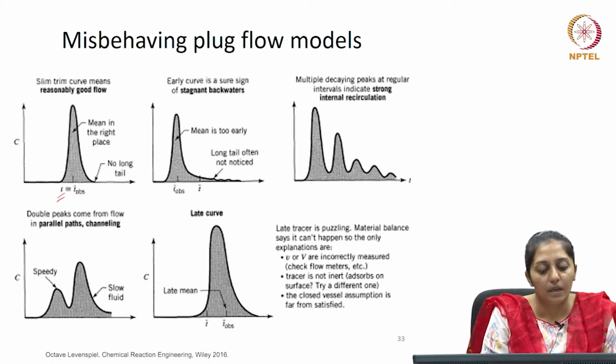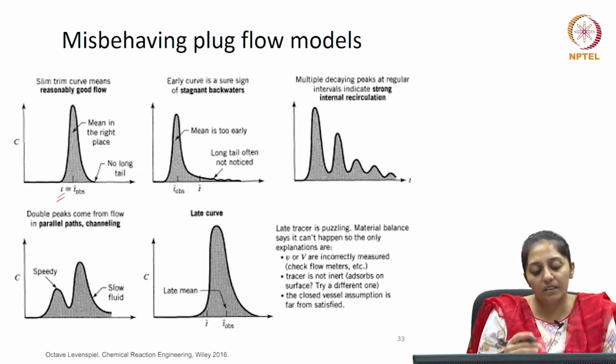Now, if you see only two major peaks coming at the exit, the earlier one can be speedy and the later one can be slow, where one peak is less than the mean residence time and the other is greater than the mean residence time. So, the one can be speedy liquid flow and the other fluid elements can demonstrate slow fluid movement.